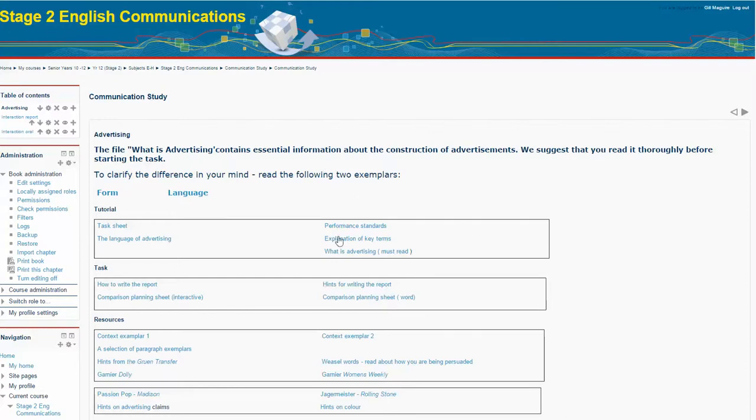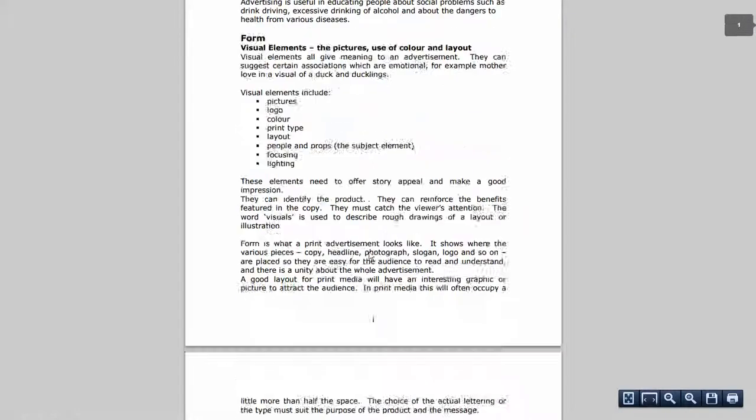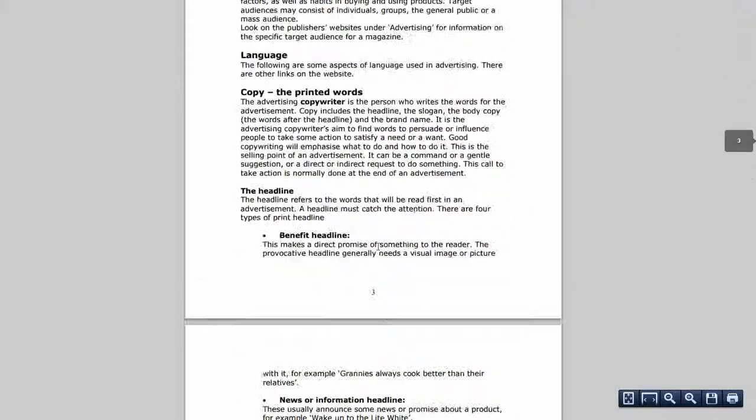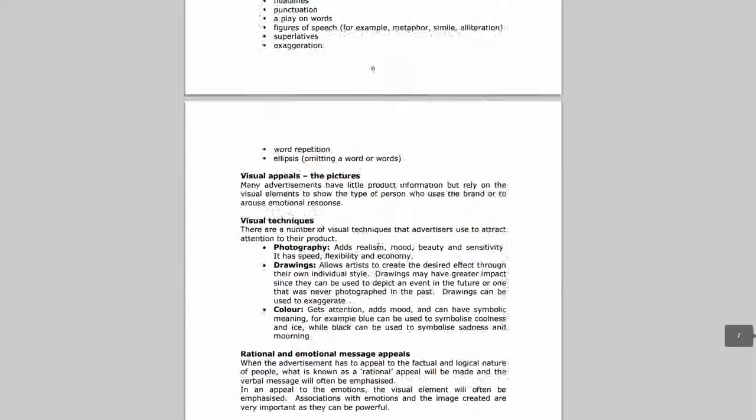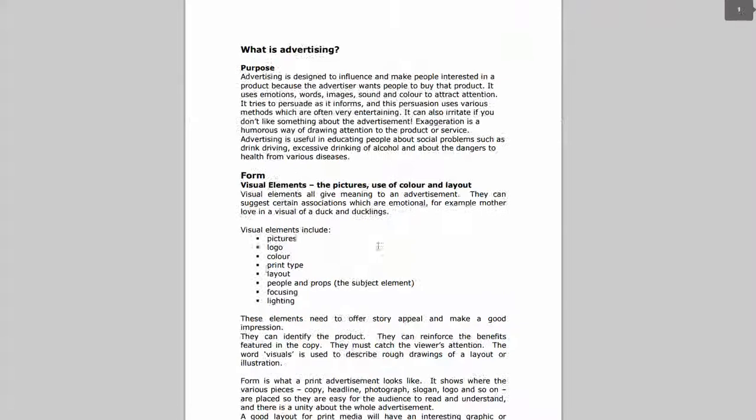You need to read the "What is advertising" file here. Read this file. It will be your aid when you write the report. Have a look at it, read it carefully. I'd print it or I'd download it because you will need to refer to it. So that's what we need you to do before we start.